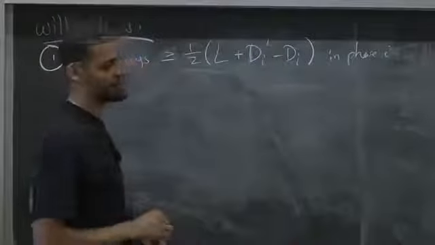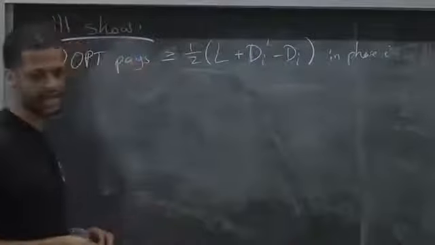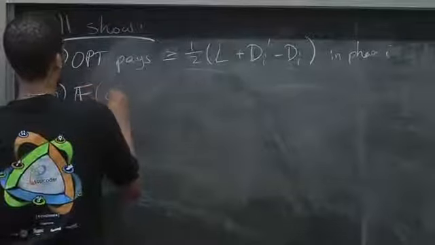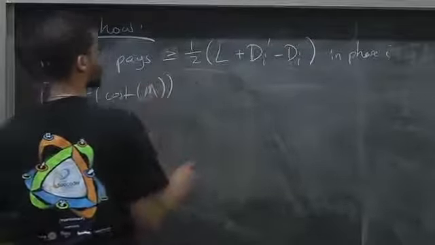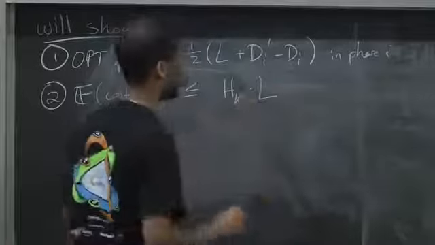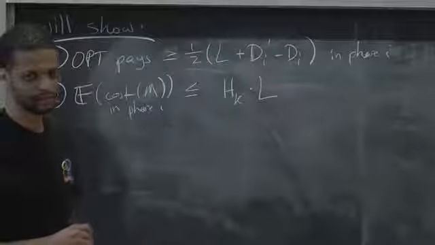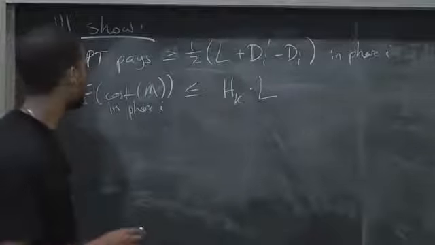That's the number of cache misses that opt has. And two, the expected cost of Mark in phase i will be at most Hk times Li.